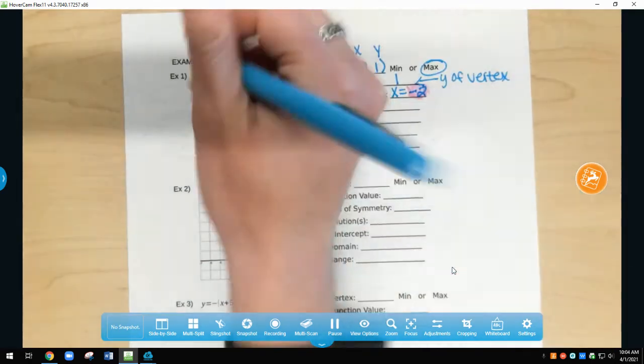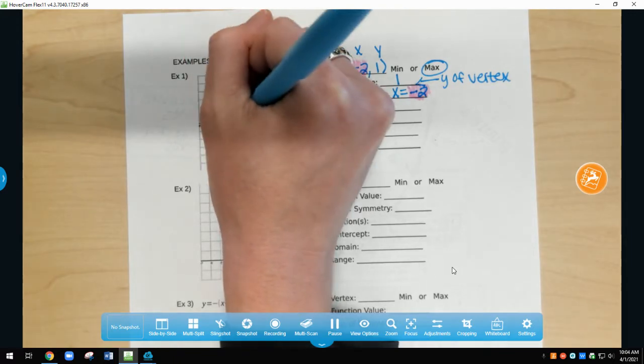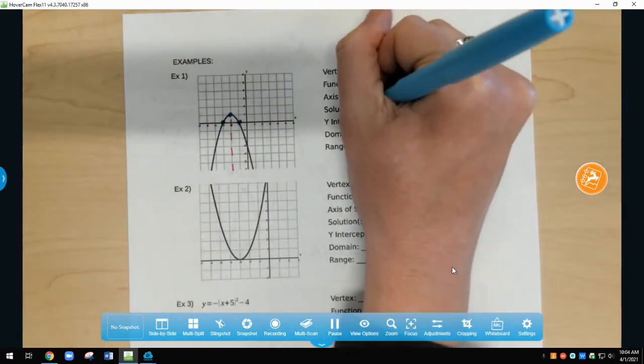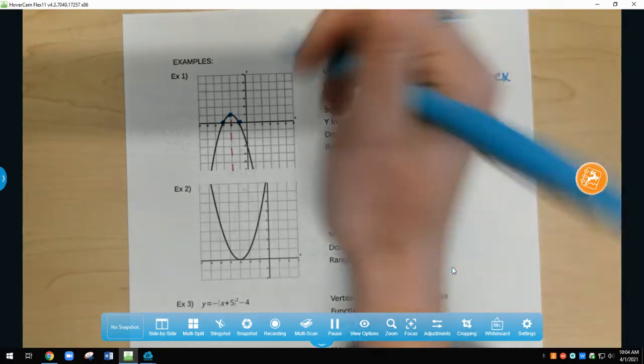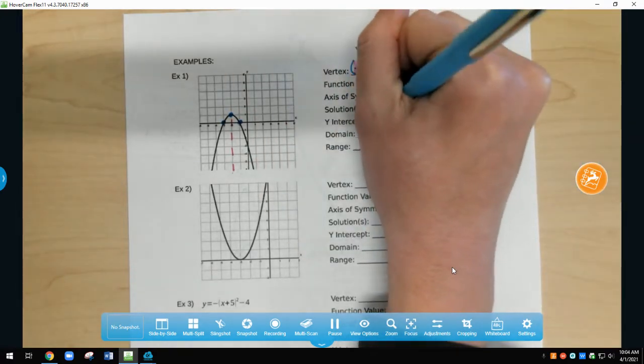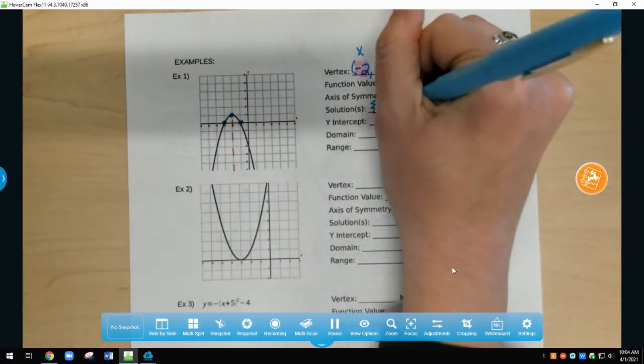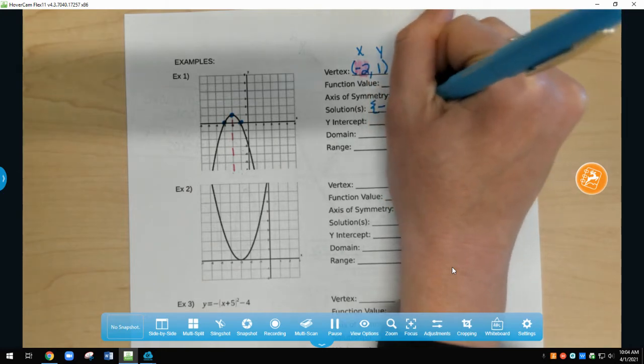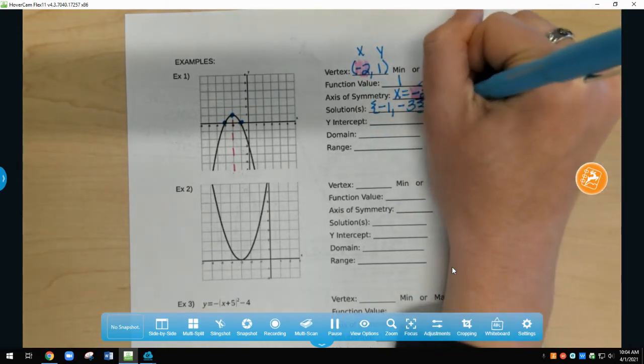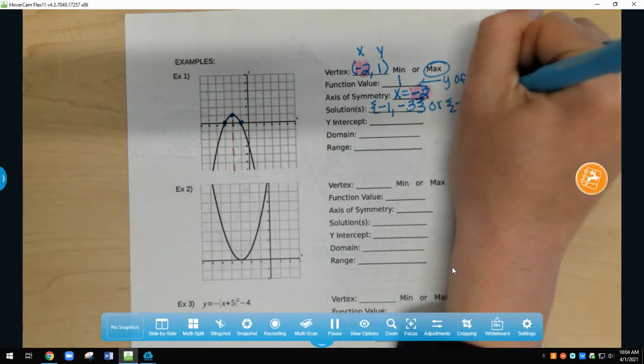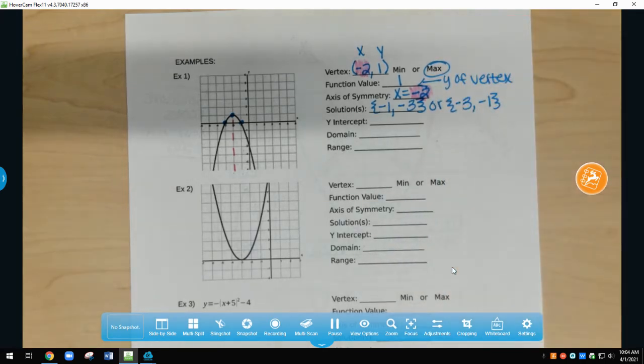Okay, the solutions, there's two of them. Remember, when we write our solutions, we use our squiggly bracket. So it is -1 and -3, or -3, -1.